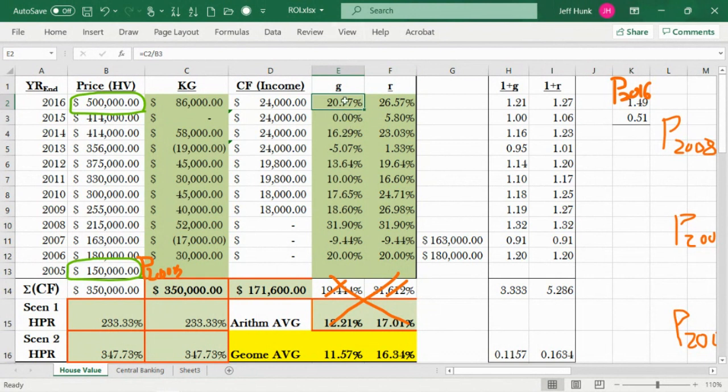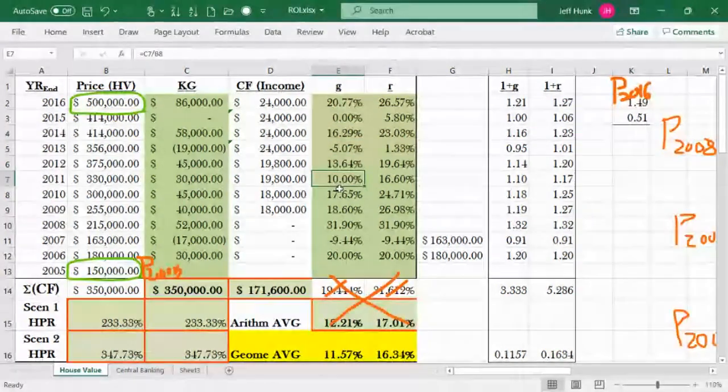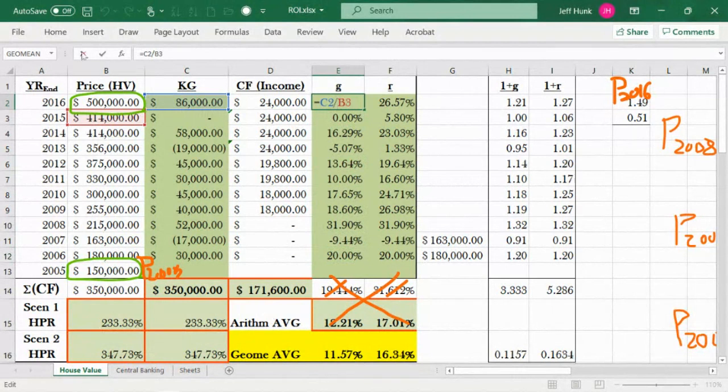So let's say you find the annual growth rate, the capital gains alone between each year: 2016 to 2015 was 20.77%, and 0% between 2015 and 2014, and so on. It's all like this. I don't have to show you how, but that's what annual means.